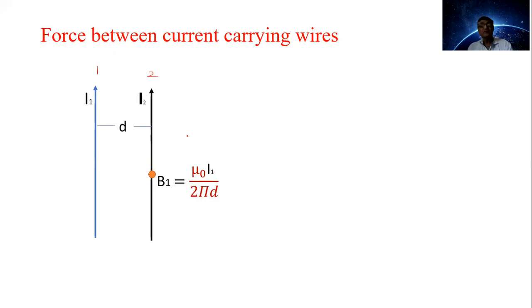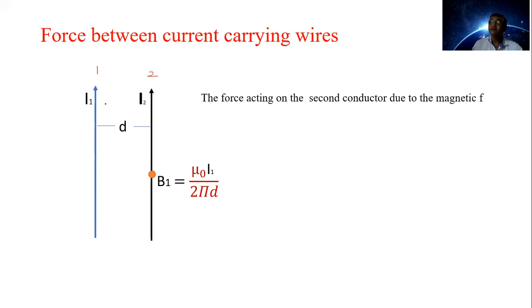Now, this second wire, which is carrying current, is under the influence of the magnetic field. According to the Lorentz force, the force acting on the second wire due to the magnetic field B1 produced by the current I1 flowing through the first wire is given by F2 is equal to I2 B1 integral of dl.